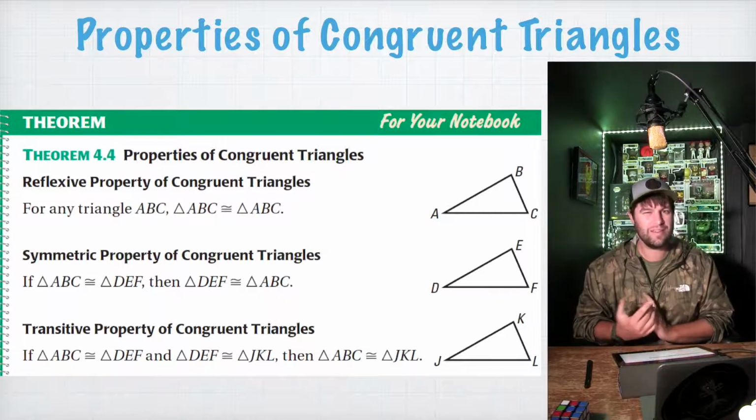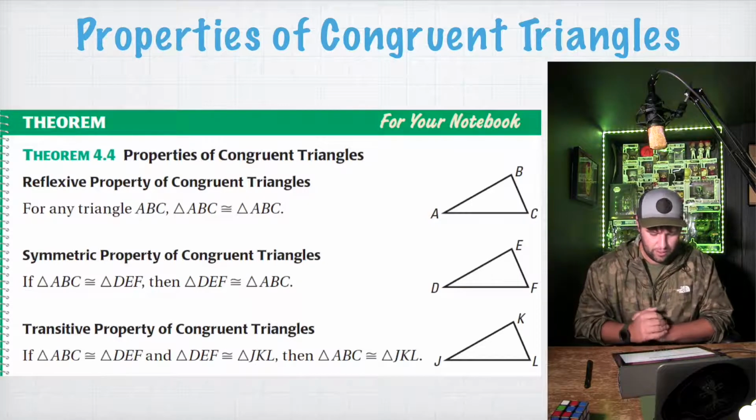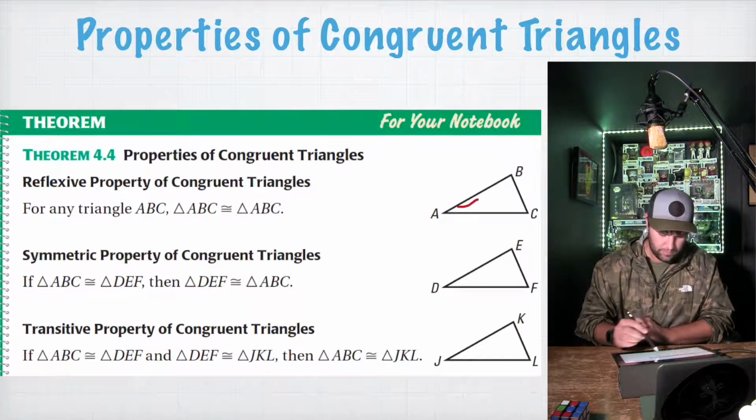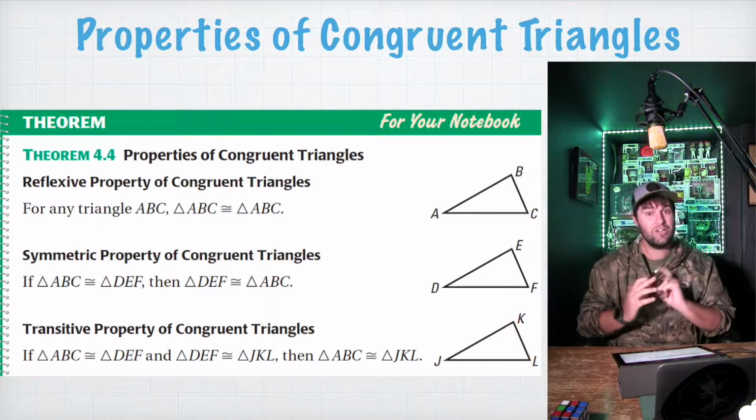And then lastly, the one that seems to be a little confusing for people is the transitive property. If triangle ABC is congruent to triangle DEF, and DEF is congruent to JKL, then ABC would be congruent to JKL. Because here, listen here.